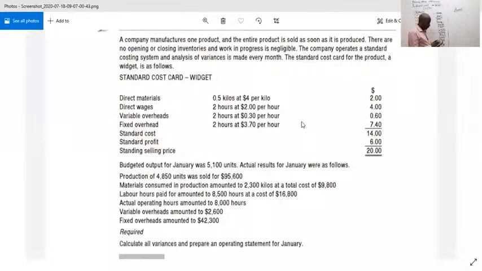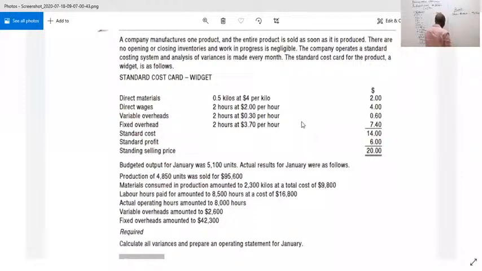In the actual information section, you are able to see the actual sales revenue, 95,600.